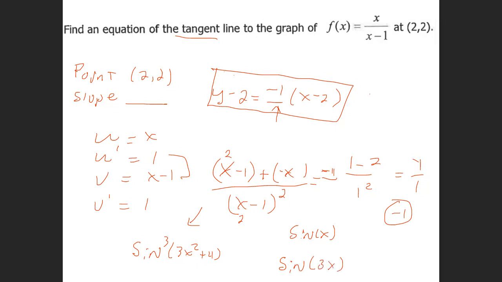The chain rule says you take the derivative of this, which is cosine of 3x, but then you also have to take the derivative of the inside. The derivative of 3x is 3. So the derivative of sine of 3x is really 3 cosine of 3x. It's not a hard rule, but when you have the chain rule inside the chain rule inside the chain rule, it gets a little complicated.